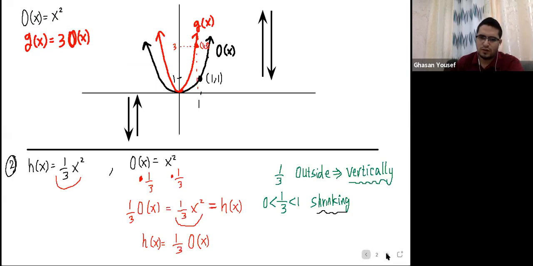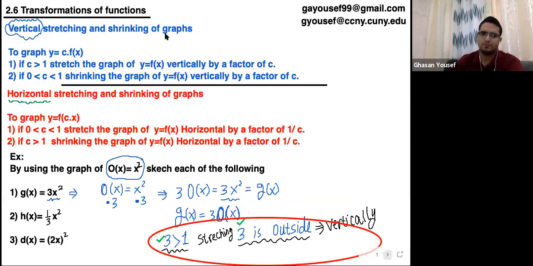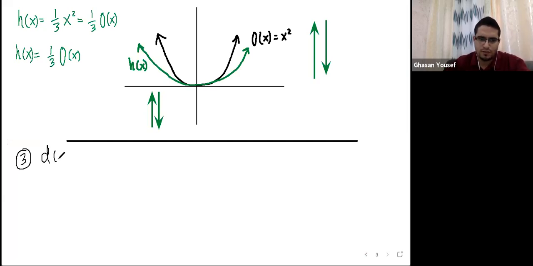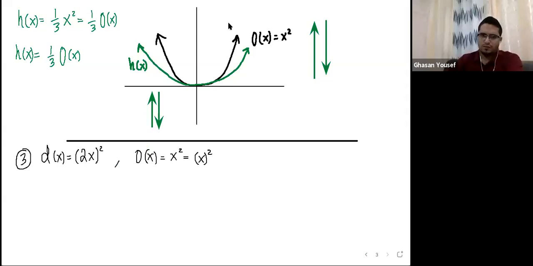Let's do the third one, d of x equal to 2x, everything squared. First of all, like I said before, you have to work with the original function O of x equal x squared, which is actually x to the power 2. Both of them are the same. Now, how can I modify the original function to make it exactly the same as 2x to the power 2?